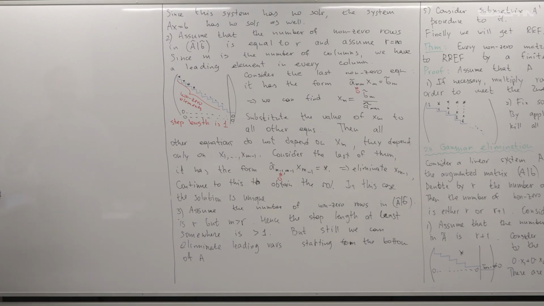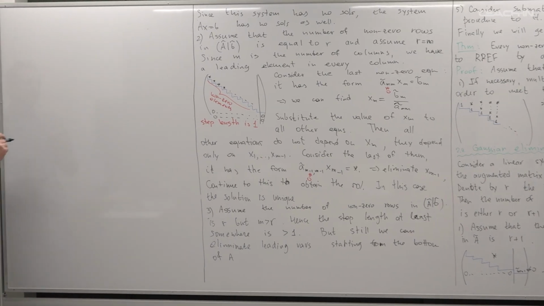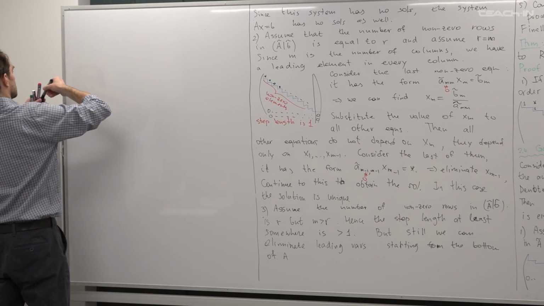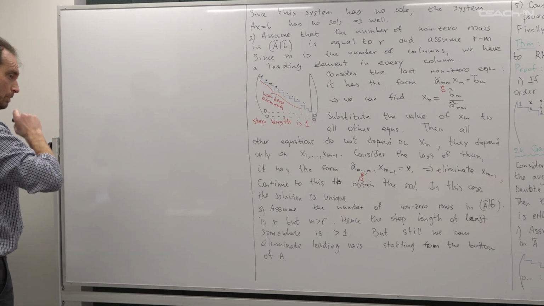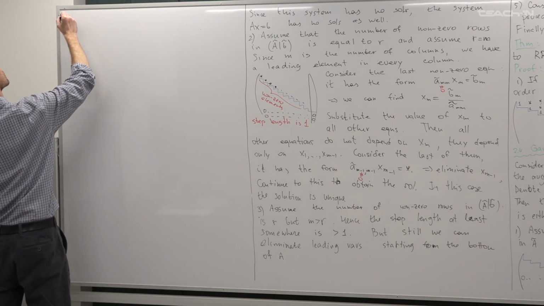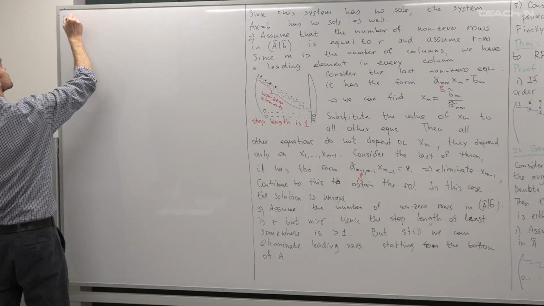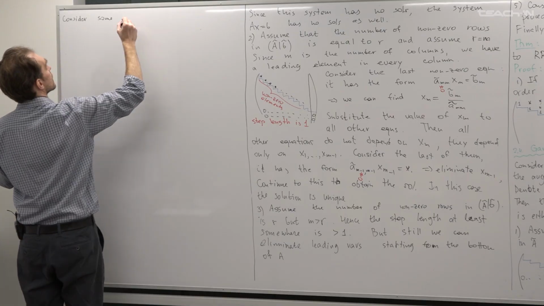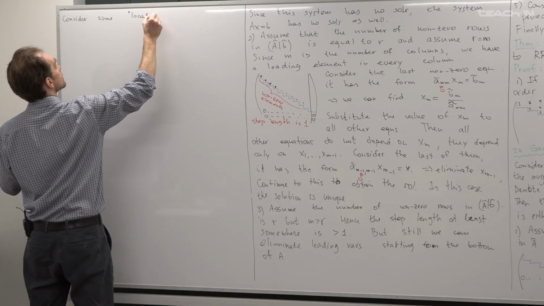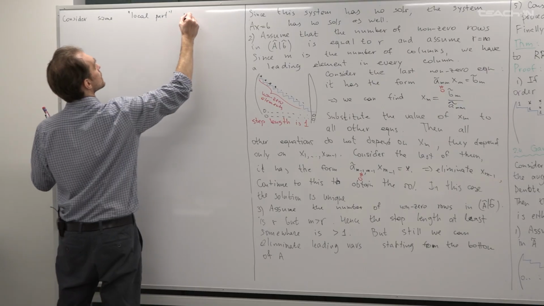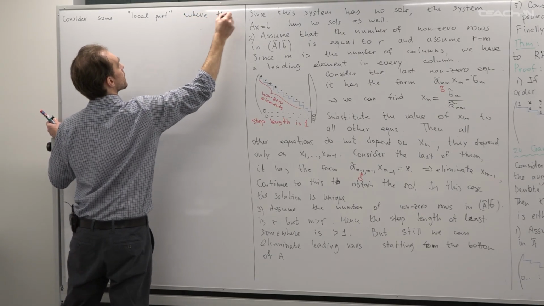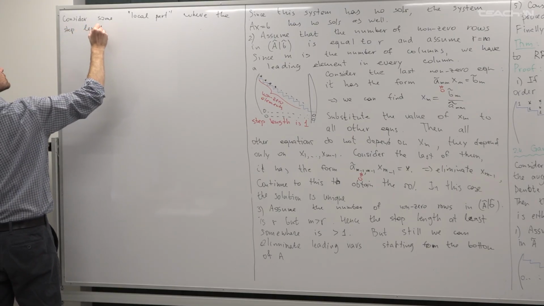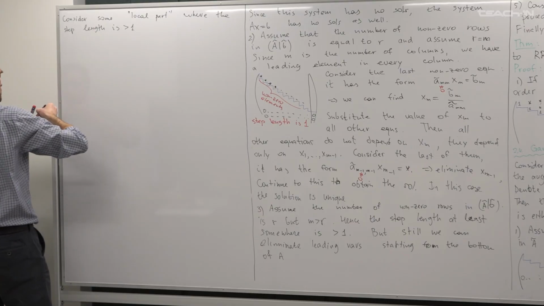So I will just consider some, maybe not the particular case, but some local part where the step length is greater than 1. So what does this mean?